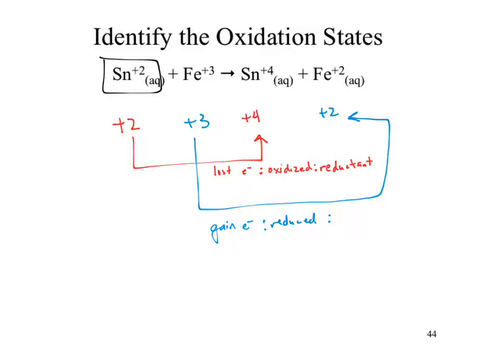If I was reduced, what did I cause the other thing to do? Be oxidized, so I could reference this as the oxidizing agent. Okay? So, what questions could be asked for this? Identify the oxidizing agent.